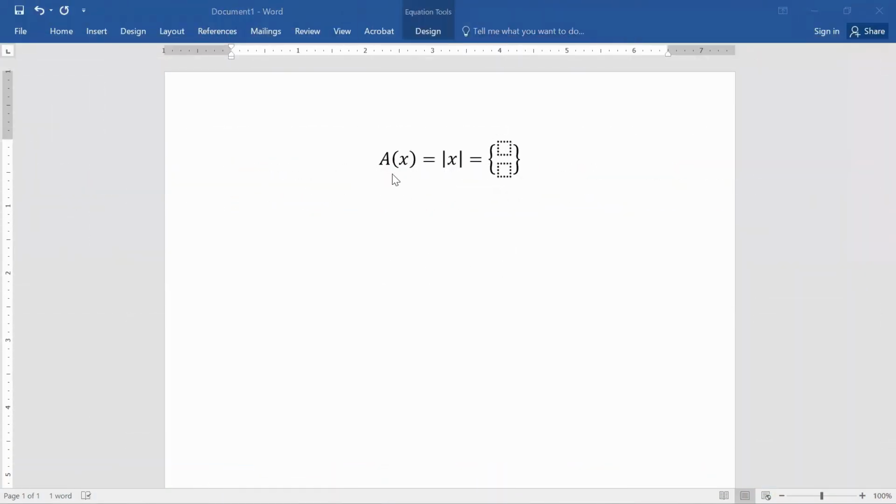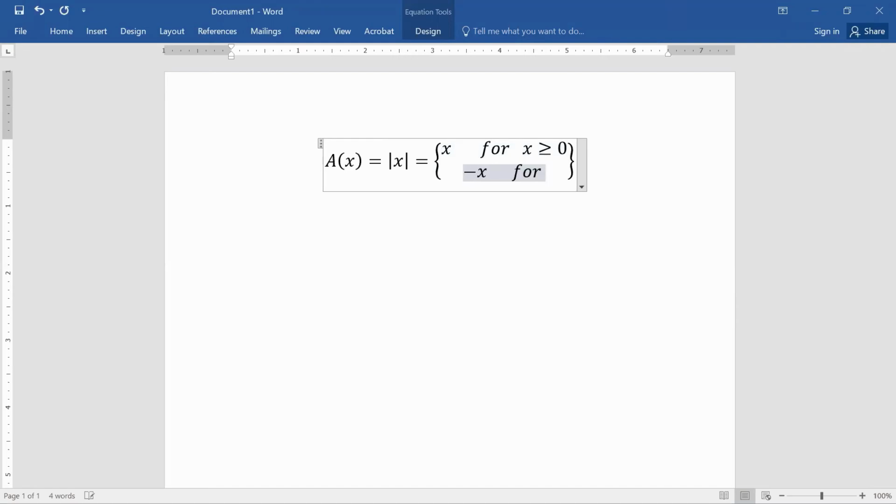We have seen before that the absolute value function can be thought of as a piecewise function, where if you plug in a positive number, it gives you back that number. So you get an x for x greater than or equal to 0. And if you plug in a negative number, you get the opposite of that number. So you get negative x for x less than 0.